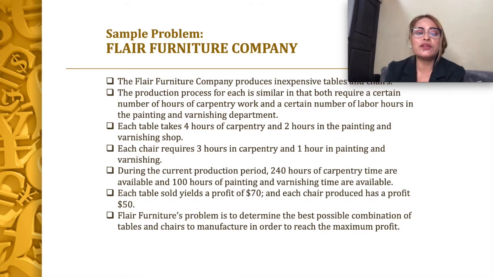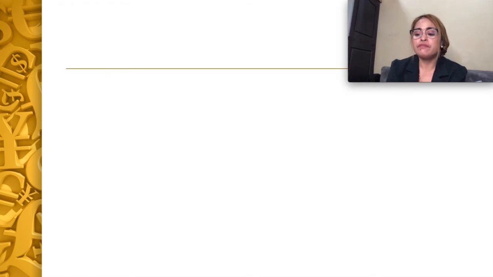Now, each table sold yields a profit of $70 and each chair produced has a profit of $50. Now, Flair Furniture's problem is to determine the best possible combination of tables and chairs to manufacture in order to reach the maximum profit. Okay.